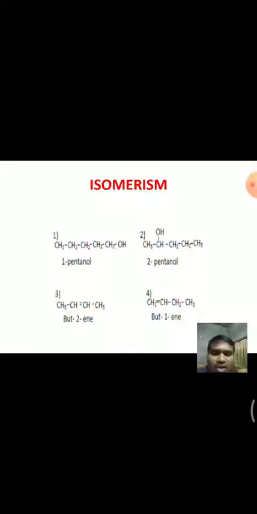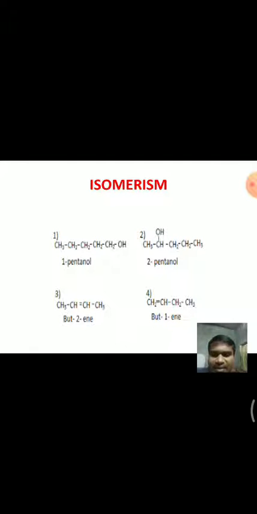The molecular formula of these two compounds is C5H12O, that is 1-pentanol and 2-pentanol. They have the same molecular formula but different properties, or they are different compounds. Hence they are said to be isomers.